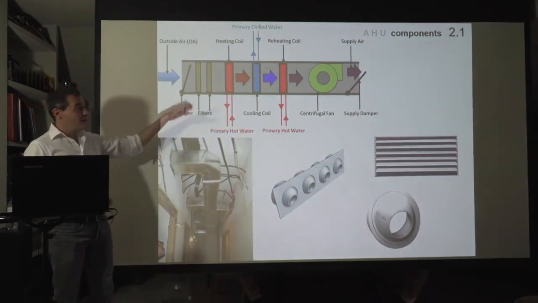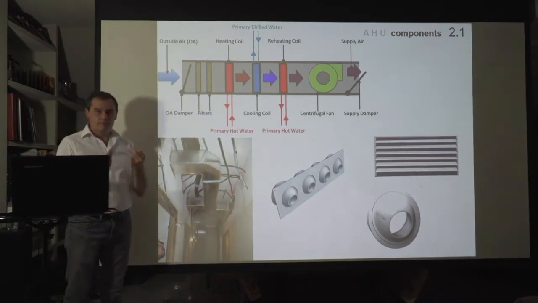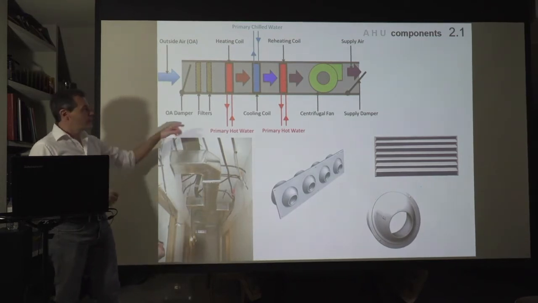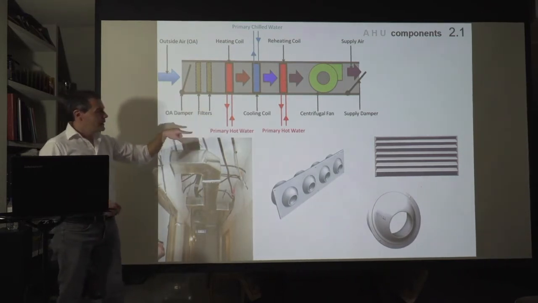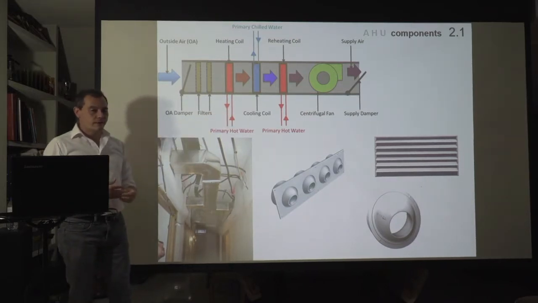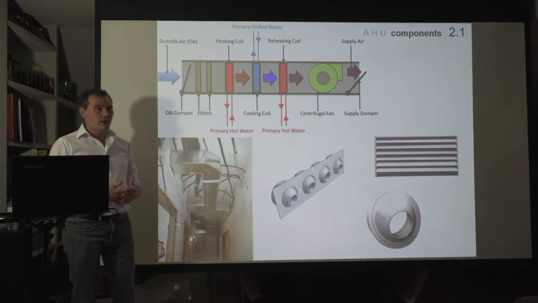And then we have a lot of things here. We have filters, because the outside air can have particles, things that we don't want to breathe, especially now. So we have filters. We have coils. Well, a coil, there are water pipes that cool down or heat up the air that goes through those pipes. We have coils in houses.